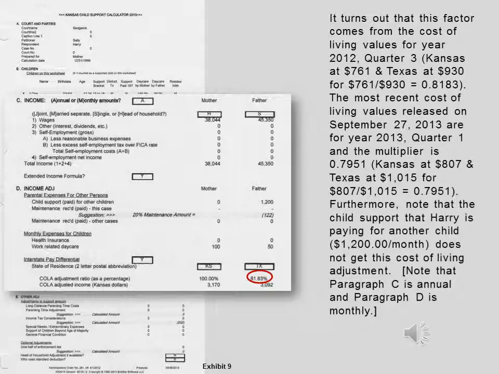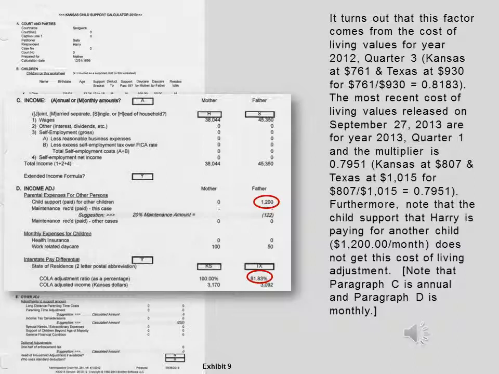The most recent cost of living values released on September 27, 2013 are for year 2013, quarter 1, and the multiplier is 0.7951. Kansas at $807 and Texas at $1,015, for $807 divided by $1,015 equals 0.7951.